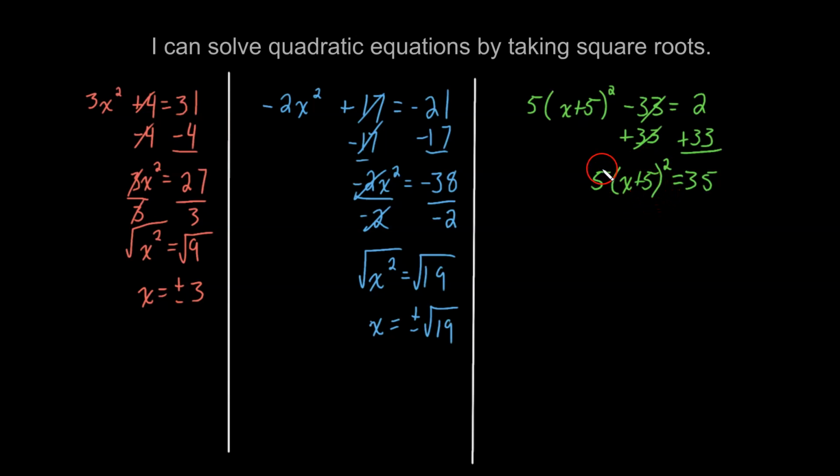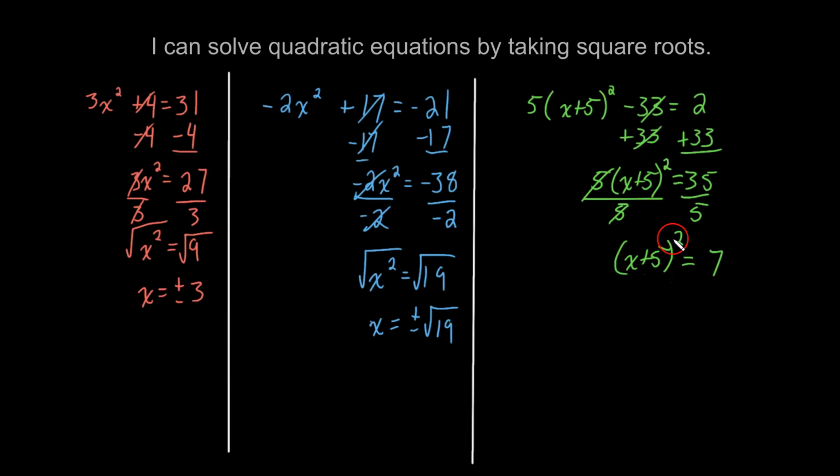So if we wanted to, we could distribute this 5 and then solve it like a two-step equation, or we can just divide this whole left side by 5, which undoes that multiplication. And then we could also divide this right side by 5 as well. So that would give us x plus 5, that whole quantity squared, equals 7. 35 divided by 5 is 7.